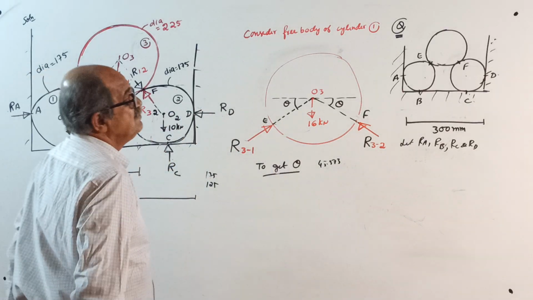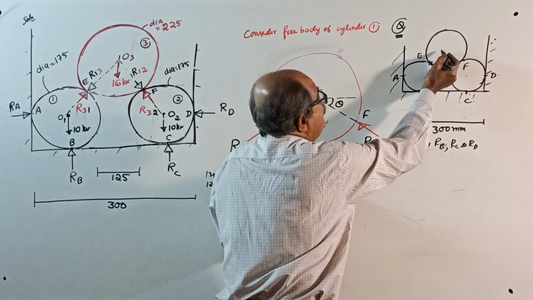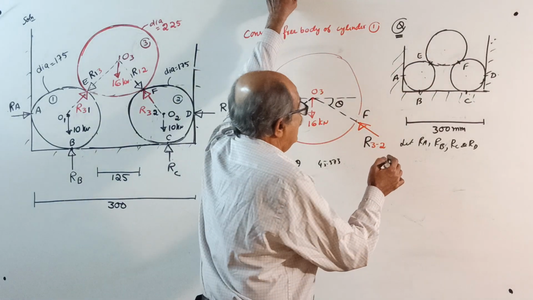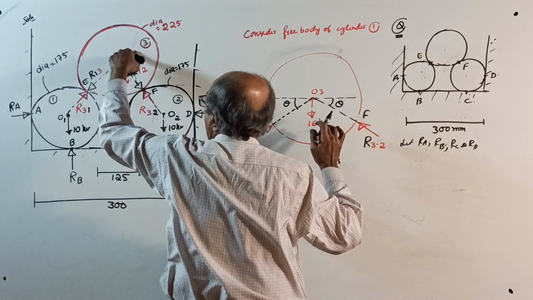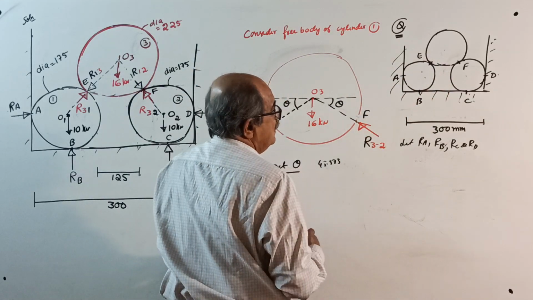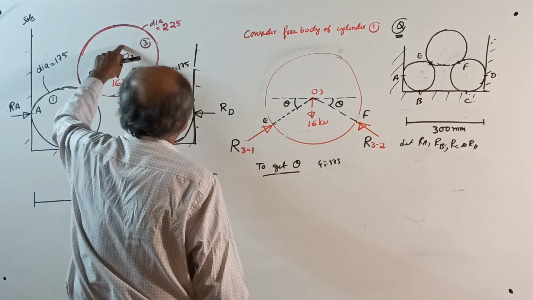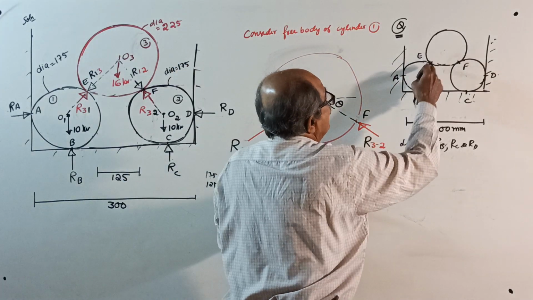Mark it here. Now, between these two cylinders there will be a reaction. I use red color for the upper cylinder for understanding; actually, red color is not required. Between these two cylinders there is some reaction.